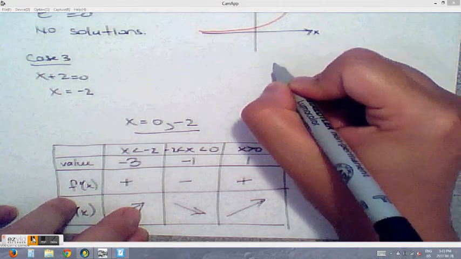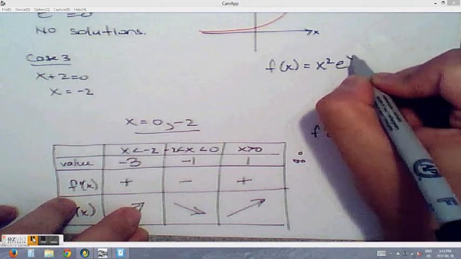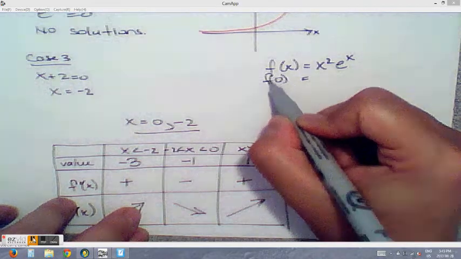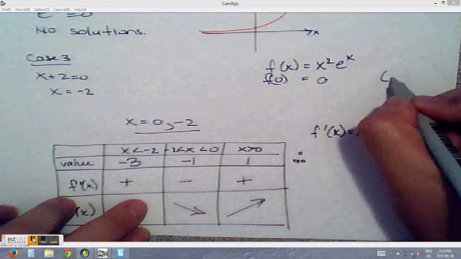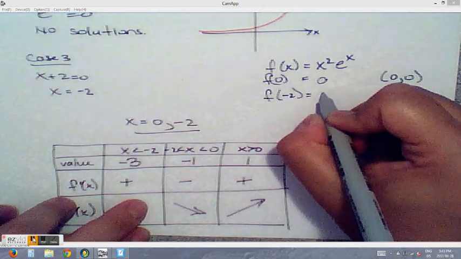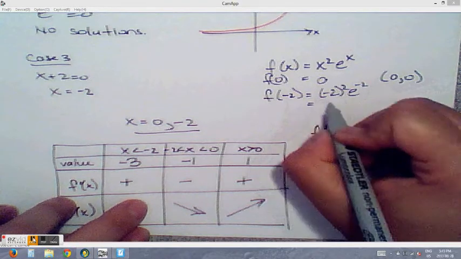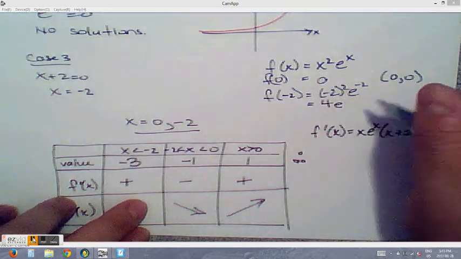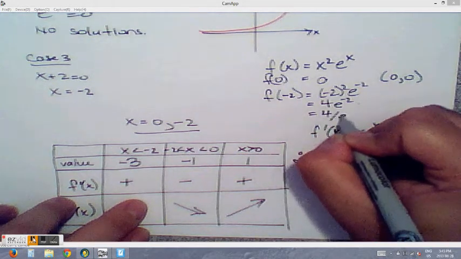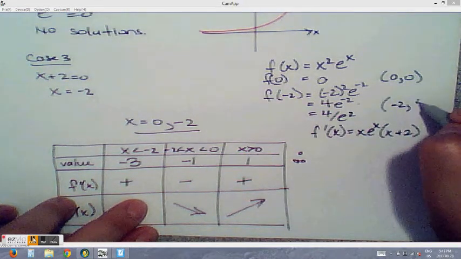If we look at the original function, f of x is equal to x squared e to the x. f of 0 is just 0, so that's our one point, (0, 0). f of negative 2 is negative 2 squared times e to the negative 2, so it'd be 4e to the negative 2, which is the same thing as 4 over e squared. So that's our other point, negative 2 and 4 over e squared.